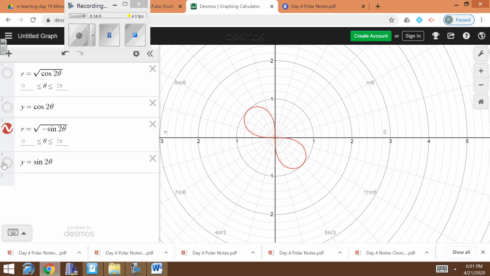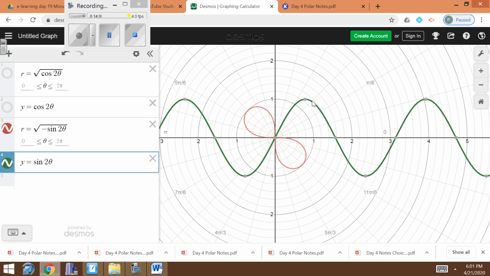So if I'm graphing the regular sine of 2 theta, right here from 0 all the way to pi over 2, this part of the sine of 2 theta is positive. But if that were positive, going back, let me write it out here.